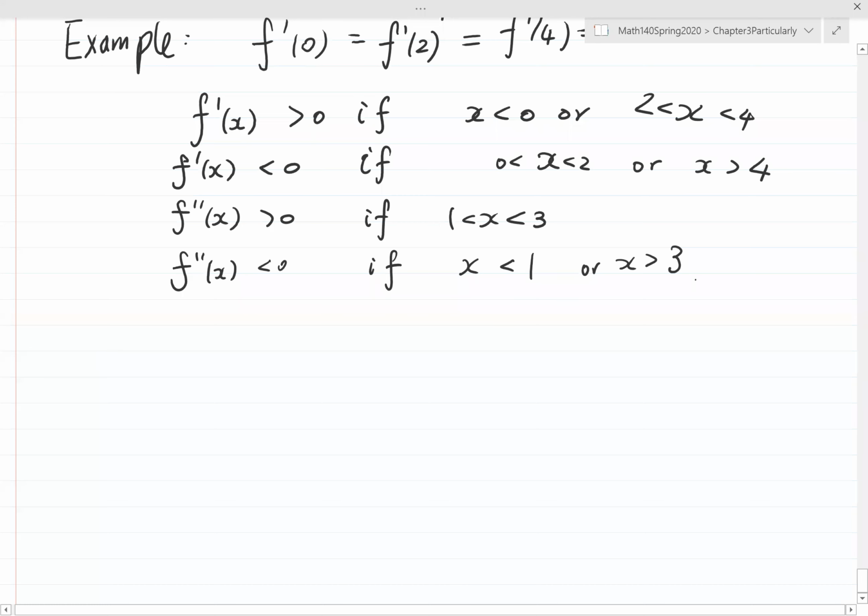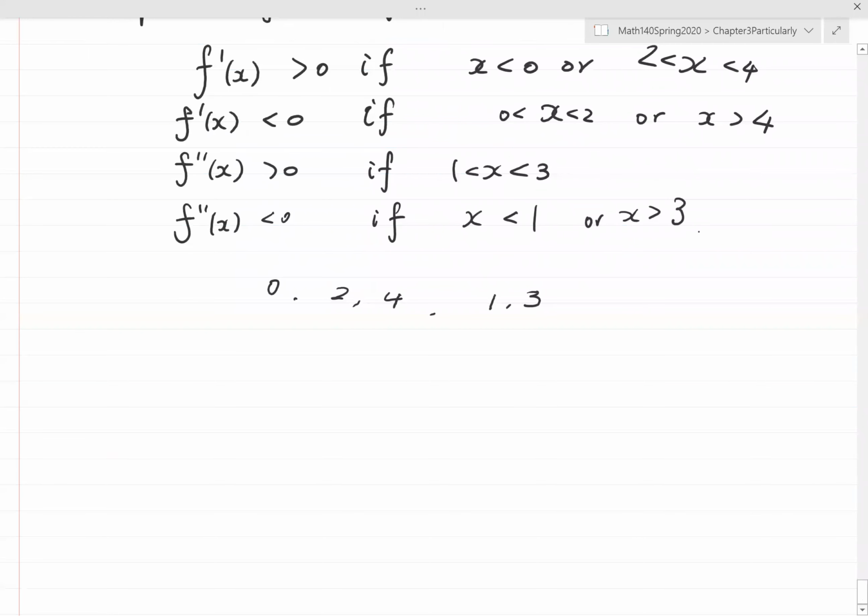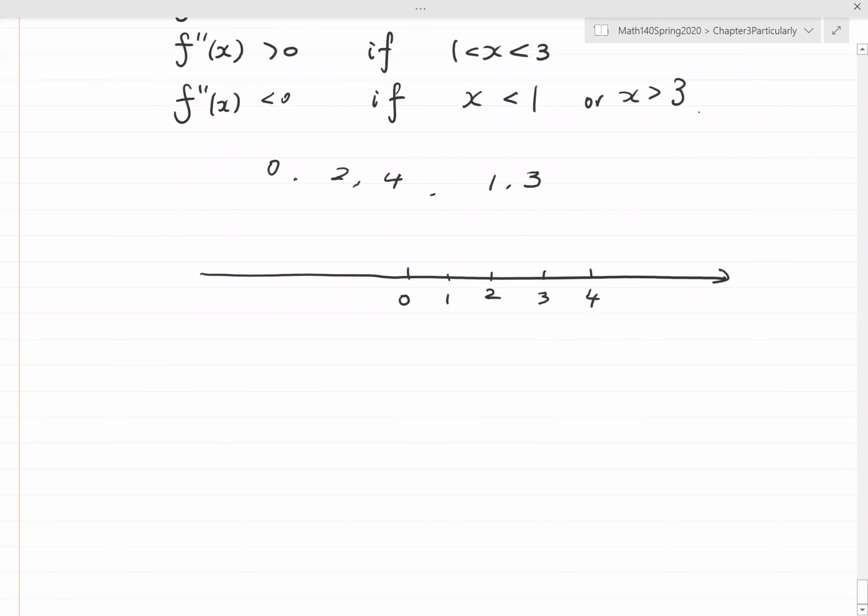Here the boundary values of x are 0, 2, 4, 1, and 3. Put all these boundary values on the number line, so we have 0, 1, 2, 3, 4. These boundary values partition the number line into intervals.